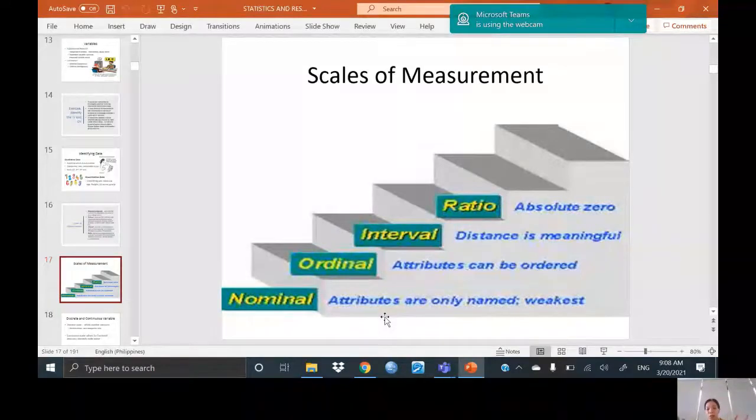That is ratio scale. Now, interval, there is no absolute zero, meaning to say a zero doesn't mean an absence of something. Like, for example, temperature. Temperature could go zero. It can reach the level of zero and it can even go lower than zero.